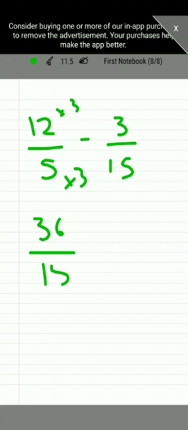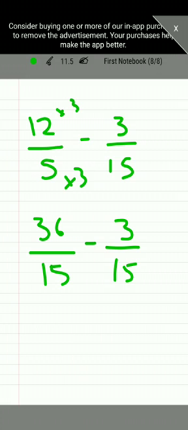Okay, so we can now make 5 equal to 15 by multiplying it by 3, and you're going to multiply the numerator 2 by 3 as well. So 2 times 3 is 6 and 5 times 3 is 15. And then copy down the other fraction, 3/15.